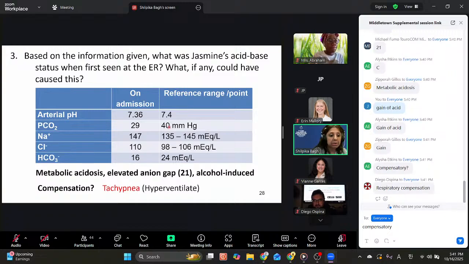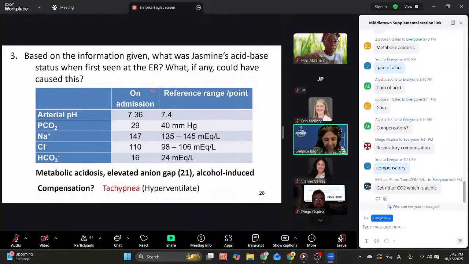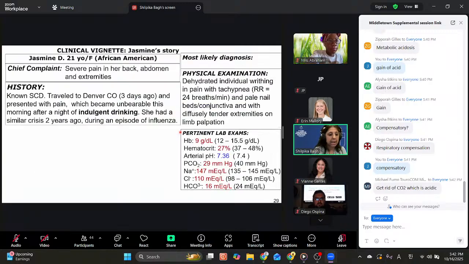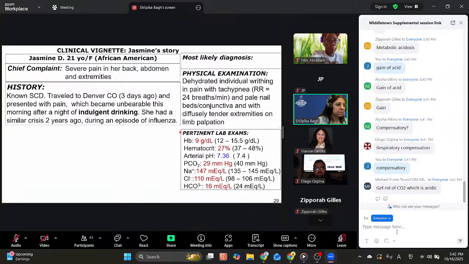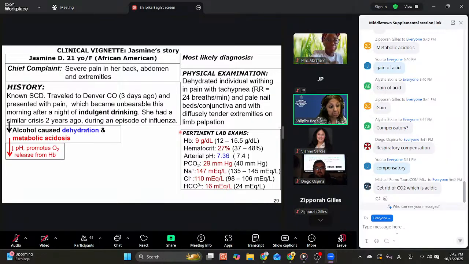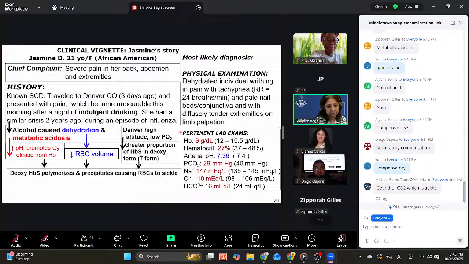Is it the primary compensation? Exactly, and that is why she is tachypneic. The compensation for metabolic acidosis is hyperventilation. So we talked about Jasmine, we talked about Tisha. Connect Jasmine with Tisha.